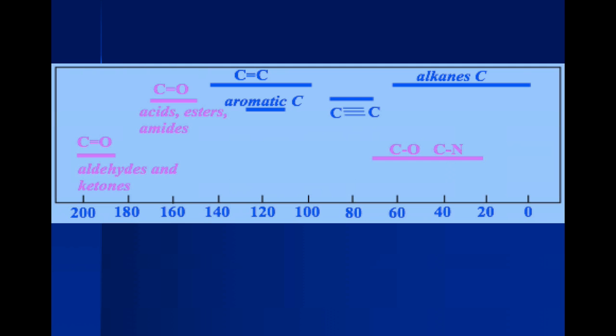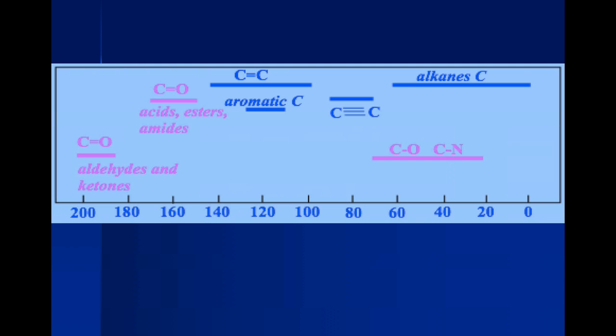Where would you draw the line here? At 100. Everything to the right of 100 is going to be sp3 carbons, which appear around 80 or sp, and everything to the left is going to be sp2. So by looking at a carbon spectrum, if you see stuff to the left of 100, you know you've got sp2 hybridized carbons.